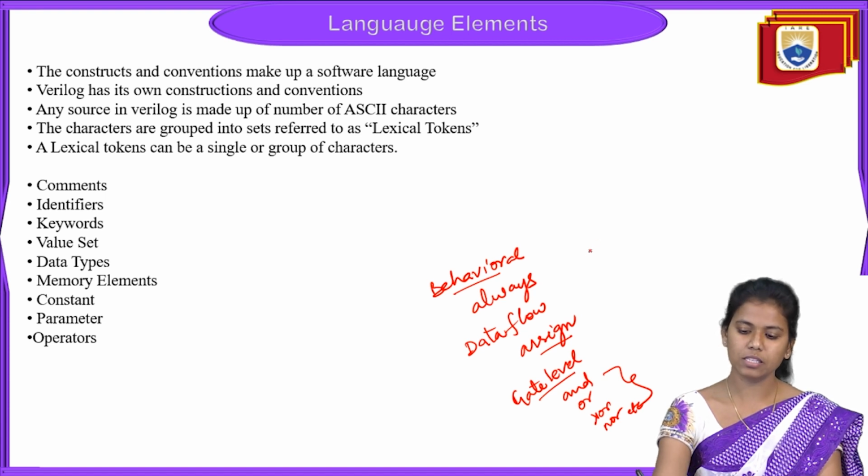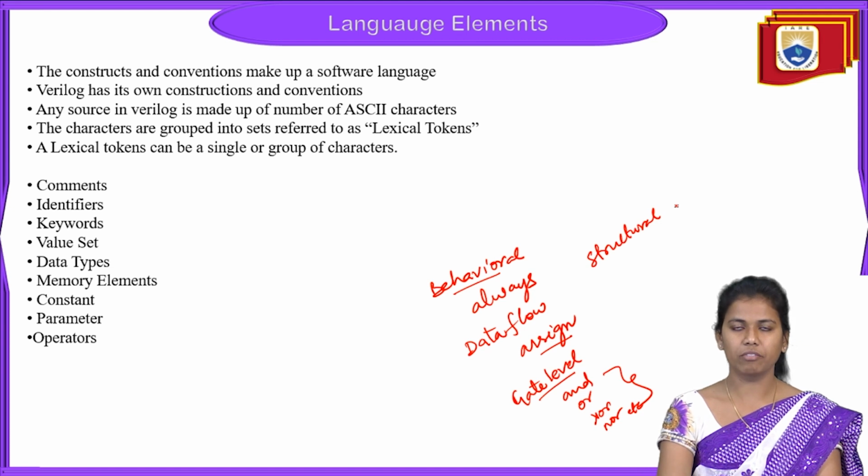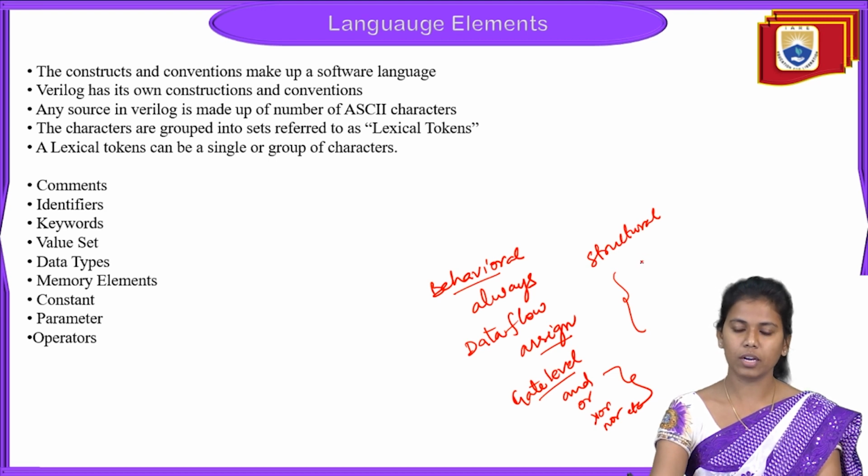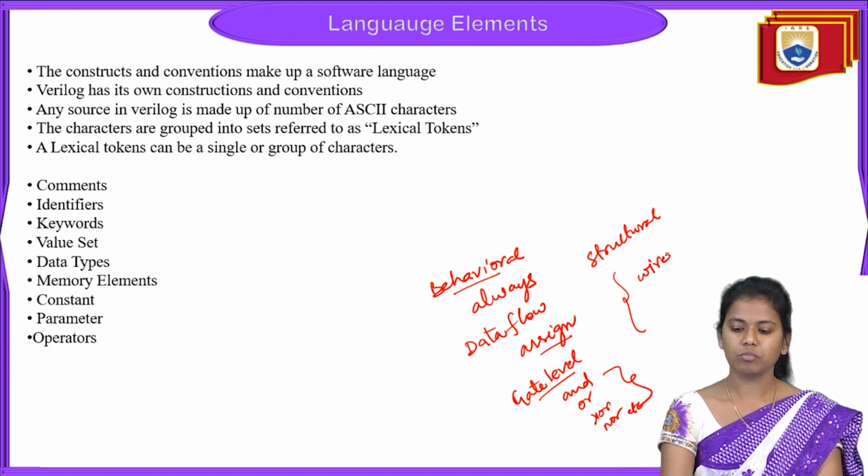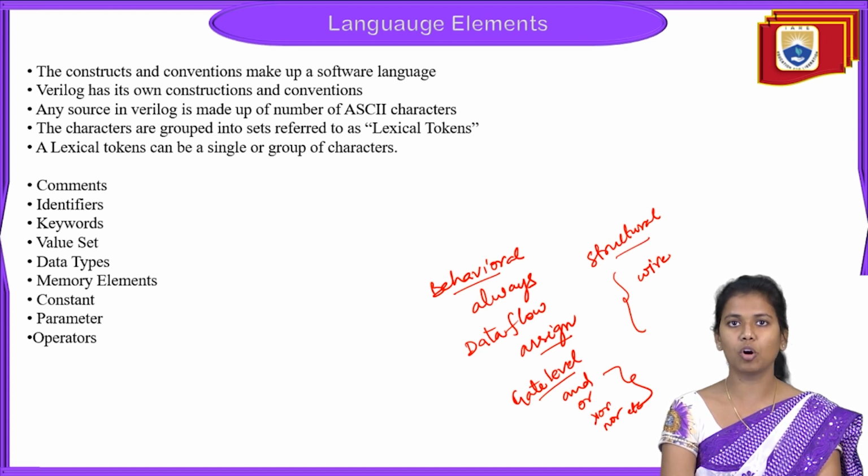And the last one is structural level. In this structural level, in order to write a program, we are using a keyword called wire. Why? Because structural modeling is nothing but a composition of numerous gates, many number of gates.